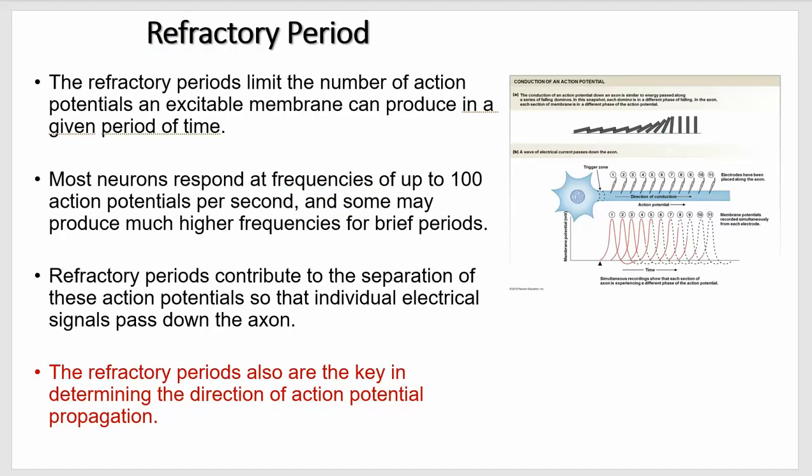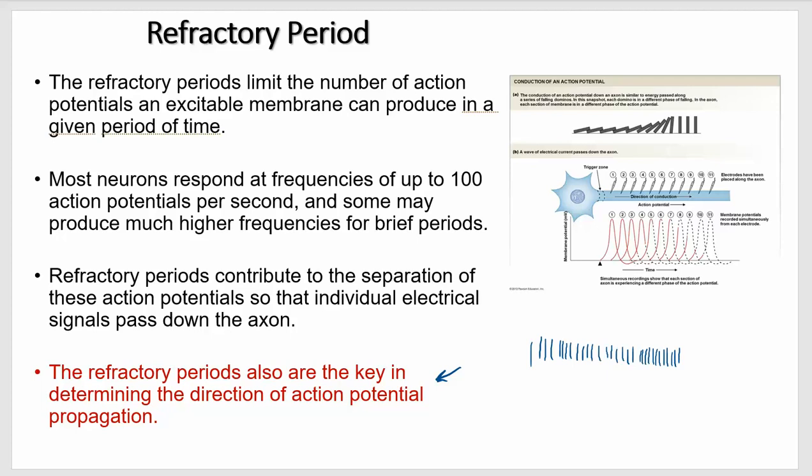Okay. So let's see, the refractory periods are also the key in determining the direction of the action potential, so that's important to know. It limits the number of action potentials that can happen. So when you have what we would call a tetanus, like the disease tetanus, but really a tetanus is repeated depolarization events, activation events.